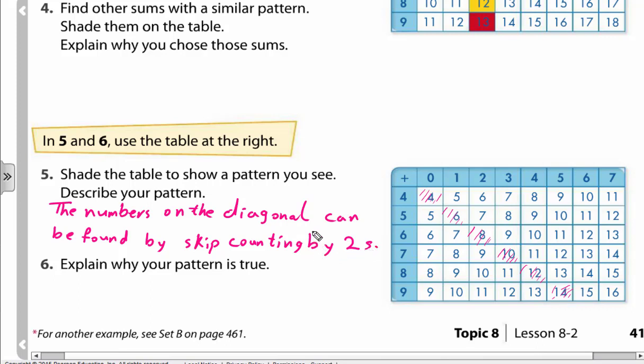So we are skip counting 2's, or just increase 2 to get the next number in the diagonal.